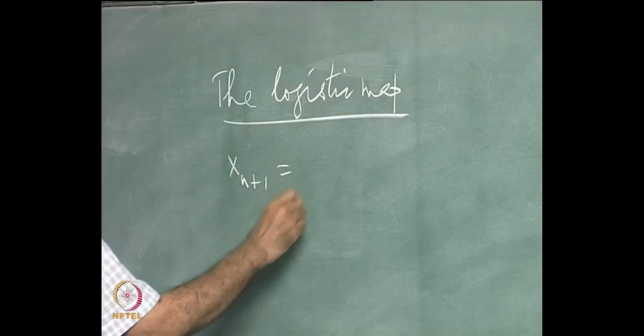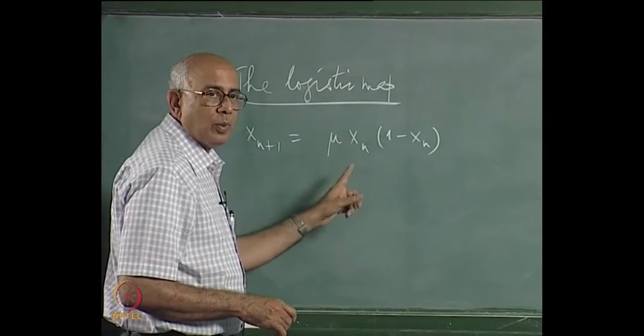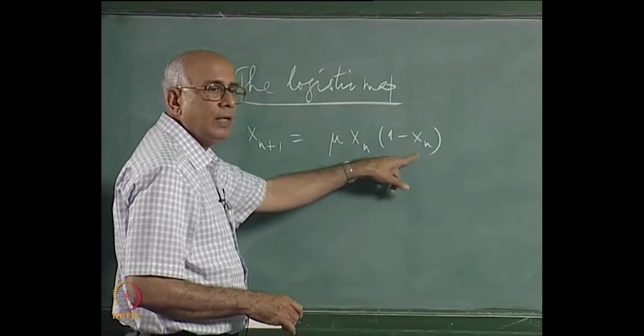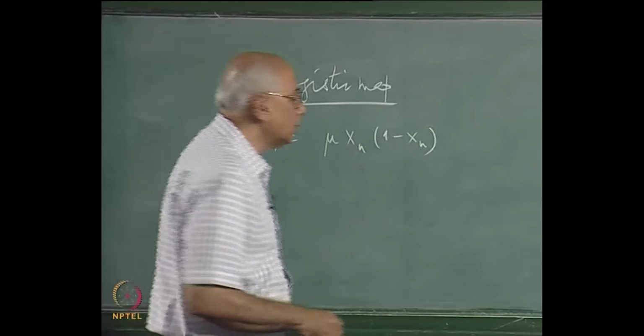Mu is a real, positive number, and where are the fixed points of this map? Well, 0 is obviously a fixed point, and there is perhaps one more fixed point. We have to draw this thing here, so let us look at it. 1 is not a fixed point. 1 minus 1 over mu is a fixed point, clearly. 1 is not, because at 1 this vanishes but this side does not.